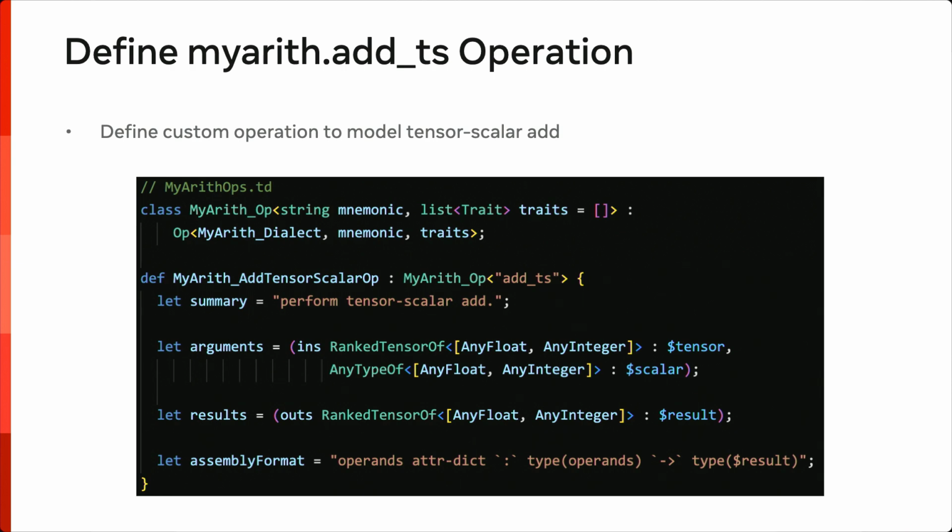The tensor value is a ranked tensor of any floating points or integers. The scalar is just a scalar float or integer, and the result is of the same type as the tensor. Lastly, we provide an assembly format string so that TableGen will generate a nice printer and parser for us, and our generated IR will be nice to look at.